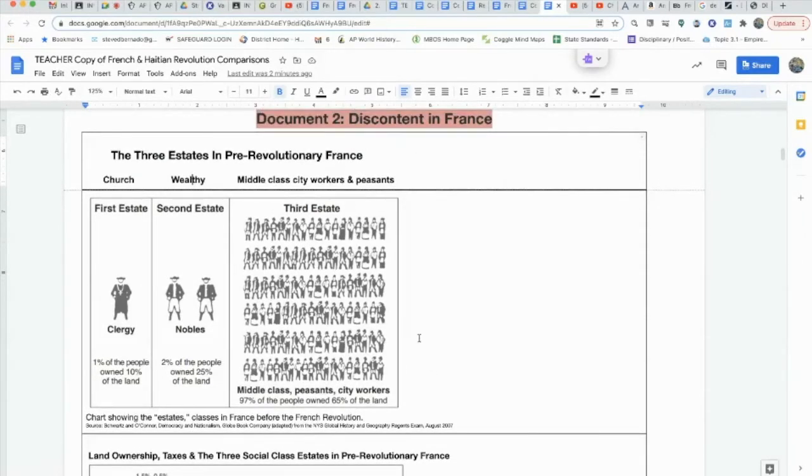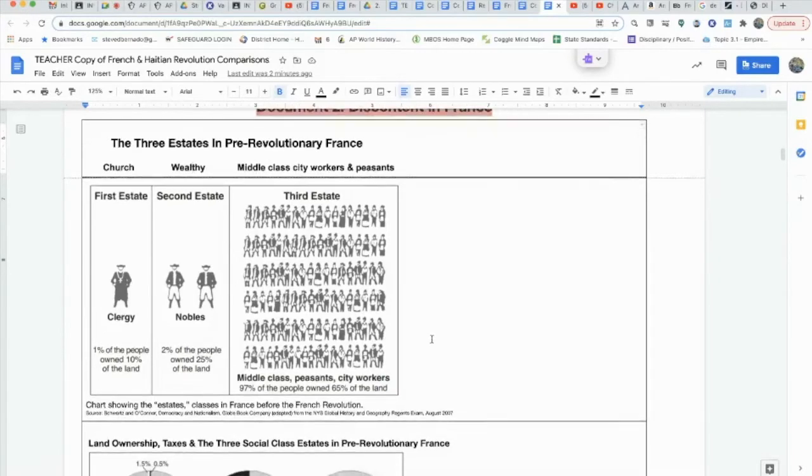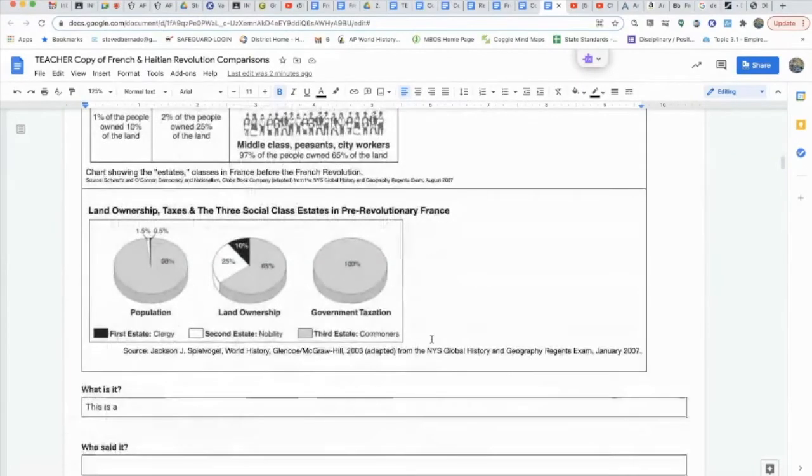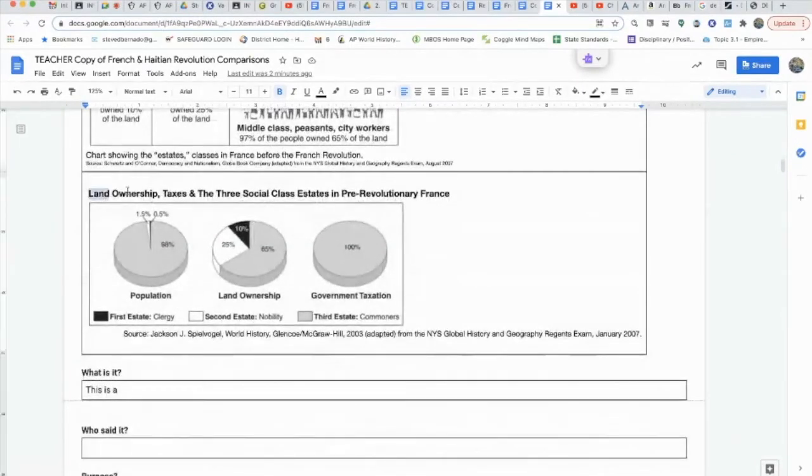Why are people angry in France? Well, I think owning land, it was so unfair in that country. People were pretty angry. Let's take a look at this. Look at this. Land ownership. Who pays taxes in the 3 social classes before the revolution? All right. Look at the population. It says 3rd estate down here, 2nd estate, 1st estate.